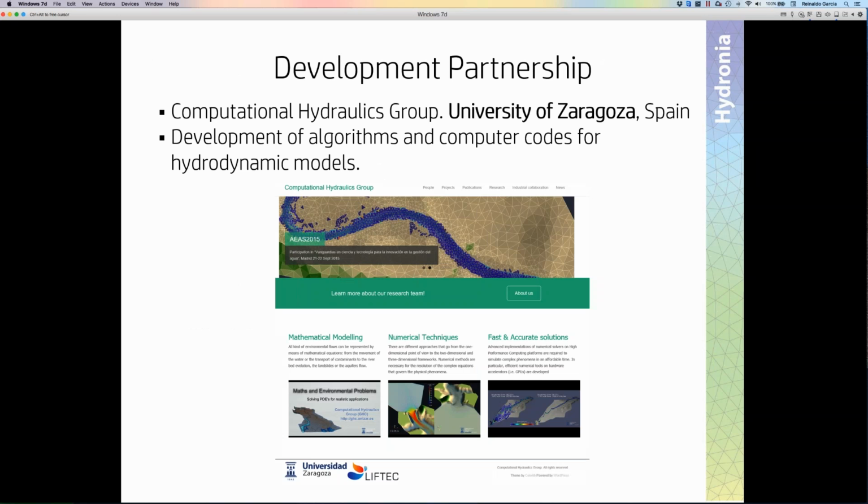And we have recently received funding for a collaboration with the university by which a PhD student is working on further development of some components of, and some improvements to, the numerical performance of the River Flow 2D model.